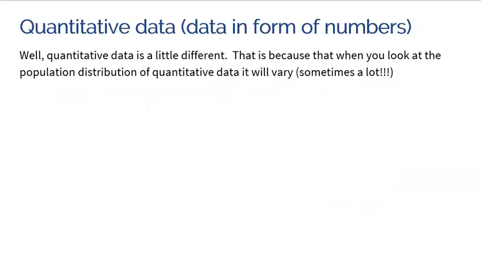All right. Well, when you work with quantitative data, which is, again, think numbers, right? Data in the form of numbers. Well, this is a little bit different. That is because when you look at the population distribution of quantitative data, it will vary. Populations do have a mean, a true mean, but every individual within that population is going to vary.